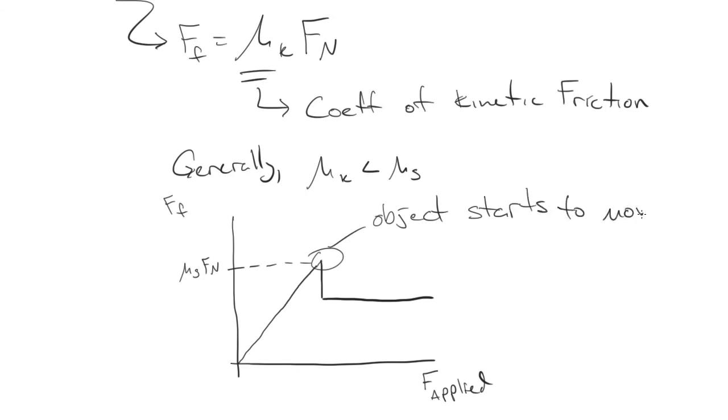And then now the only thing resisting my motion is kinetic friction, which just has a constant value. Kinetic friction isn't like static friction where it sort of changes. Kinetic friction has a constant value, generally. Okay, and you notice that this value for the force of friction is less because of this. Usually kinetic friction is a little bit weaker than static friction.